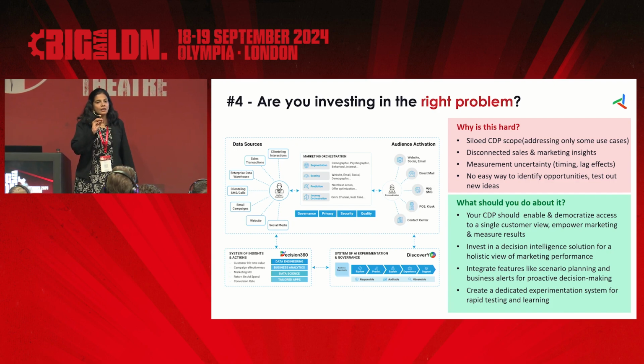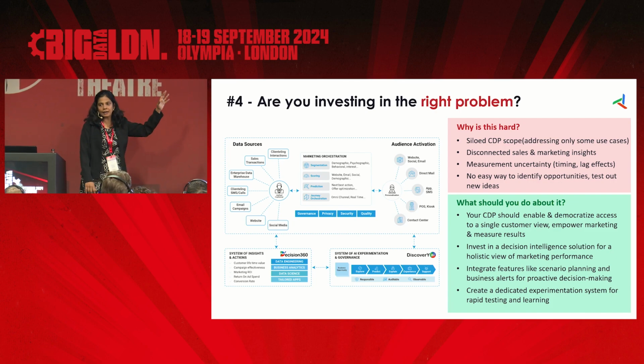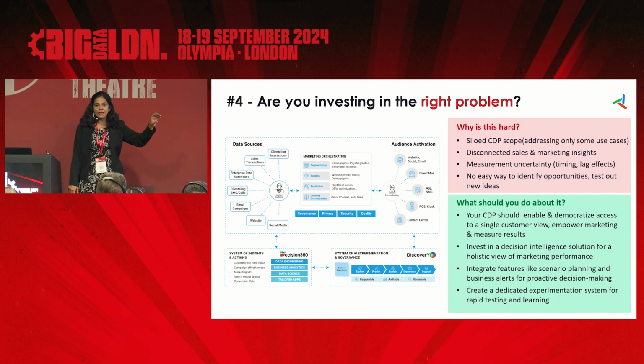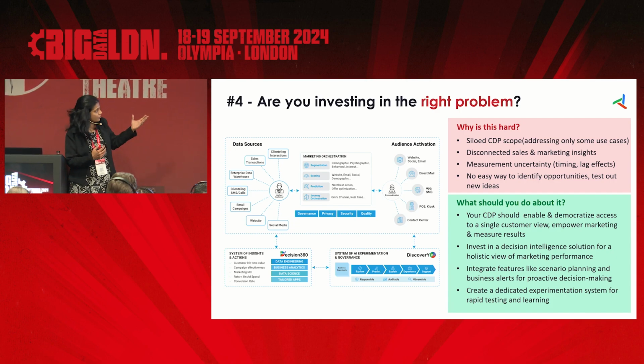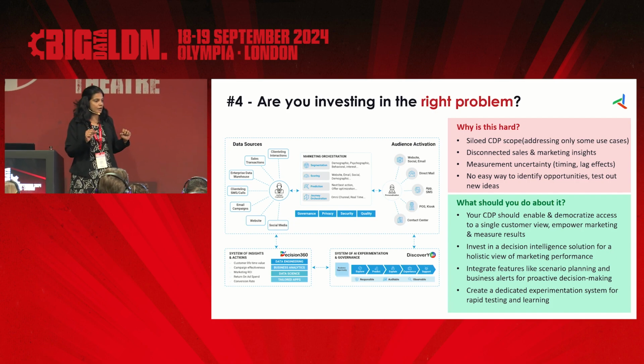For example, if a CDP platform helps you just run campaigns, then it gives you campaign analytics, but that's not the same as your whole sales and marketing analytics. So that's really important. And especially with AI and new tech that's coming in, you need to be able to constantly test out new things and be very agile, and you can't do that unless you have a dedicated system of AI experimentation and governance.